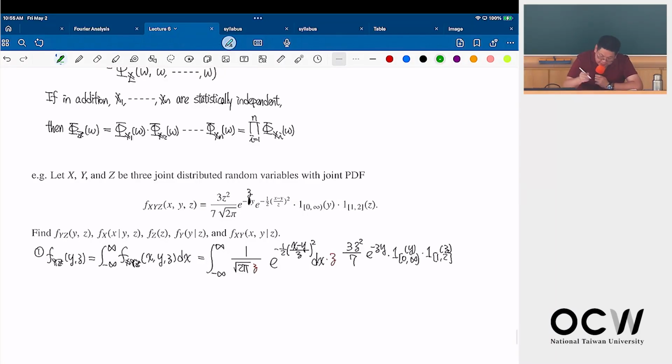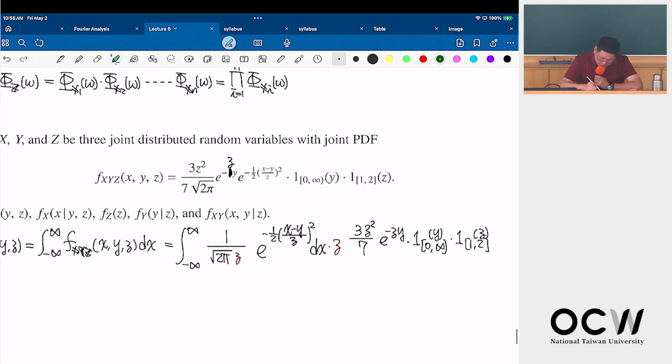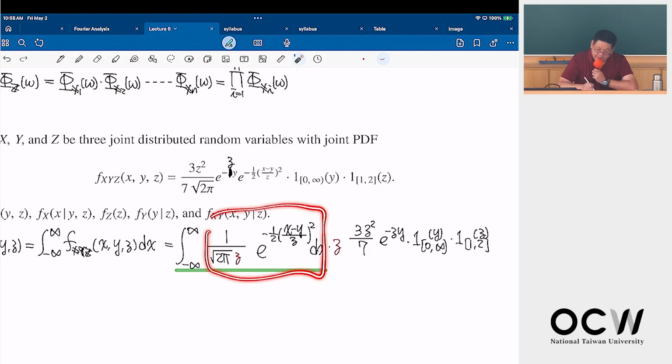And then see this part. What is this integration? This is the PDF, right? PDF of what? Gaussian PDF with mean y and variance z. And if this is a PDF, I do the integration from minus infinity to infinity.